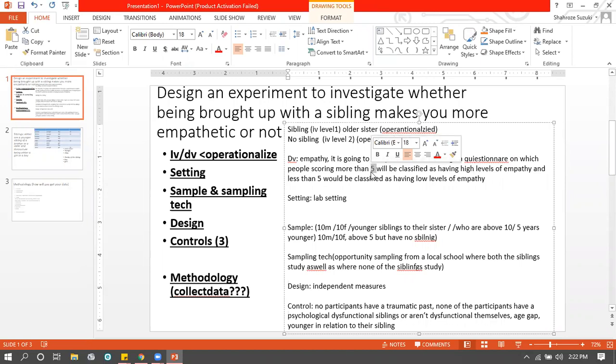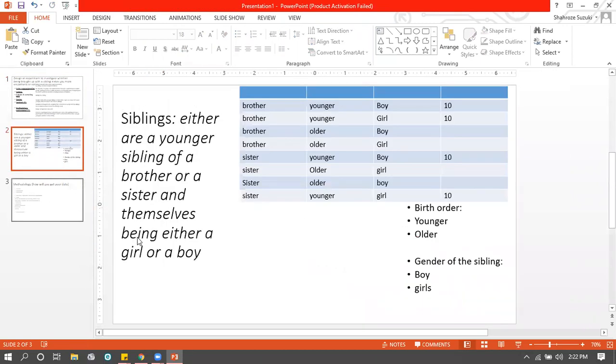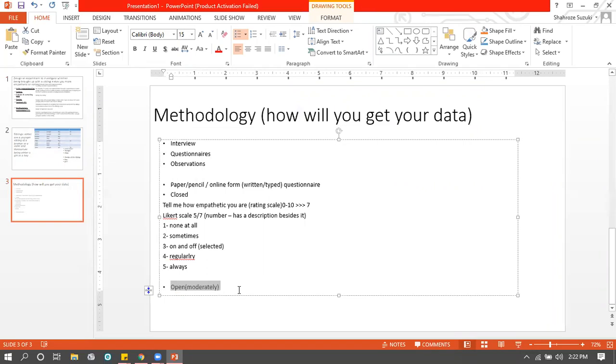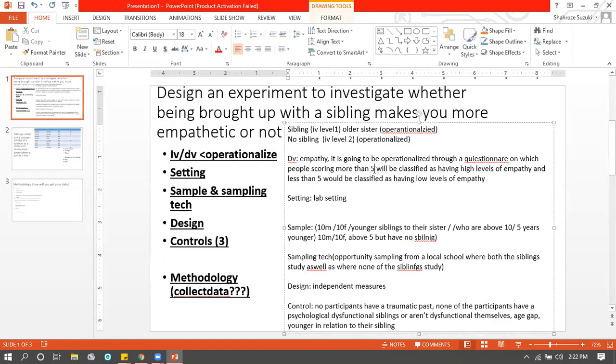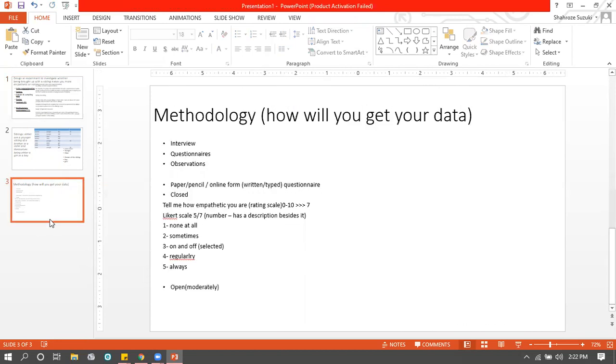Whenever you form a questionnaire, your questions are supposed to be designed according to a rating scale format or a Likert scale format. An open-ended question is not going to give you a numeric answer, so it won't be usable here because it doesn't have a numeric value. Is that clear?